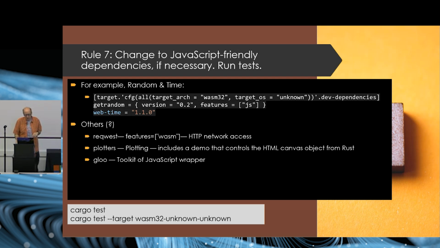And there's something called glue, which is a toolkit that tries to make as much of the JavaScript capabilities as possible accessible inside Rust. I wasn't that interested in that because it was more for me getting the Rust accessible to JavaScript. When you do all this, you can run cargo test and run cargo test with the target of WASM 32 unknown unknown and see that your code is working.